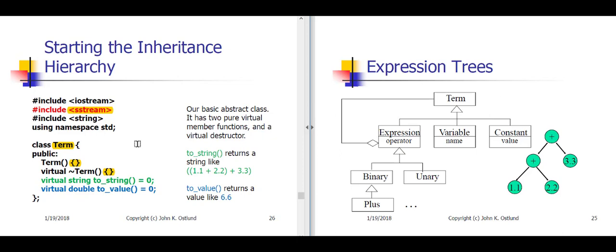The two functions that we're going to need to have overridden at each higher level in this class hierarchy are called toString, which is going to take the current term and convert it to a human readable string, and toValue, which is going to take the current term and produce a double value of that term. Now, term itself, of course, is abstract, so we're establishing toString and toValue as pure virtual functions in the term base class.